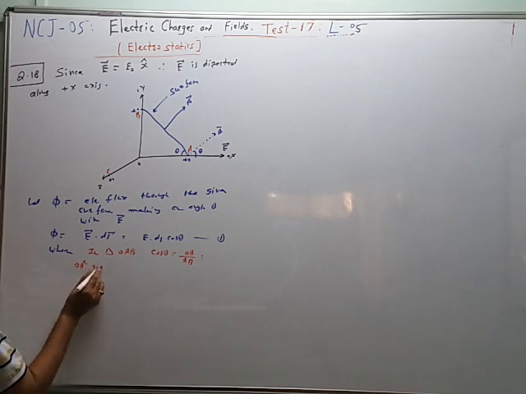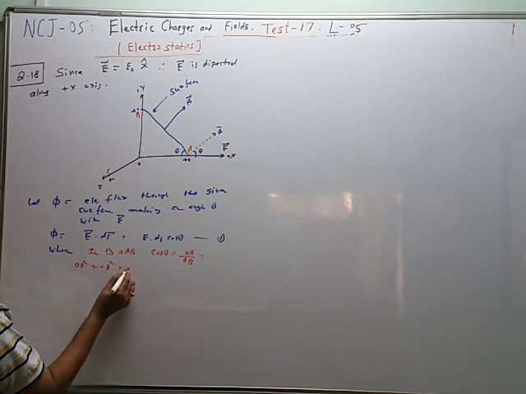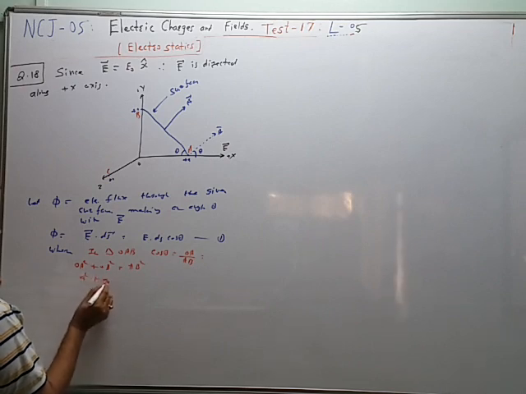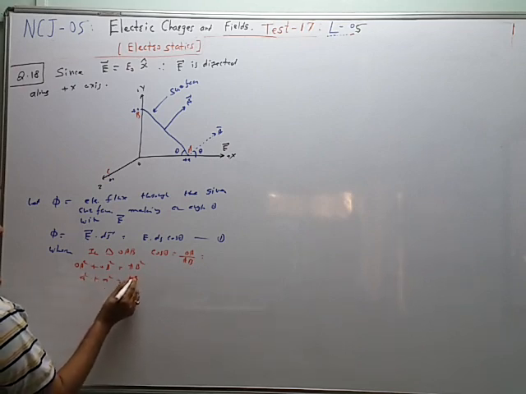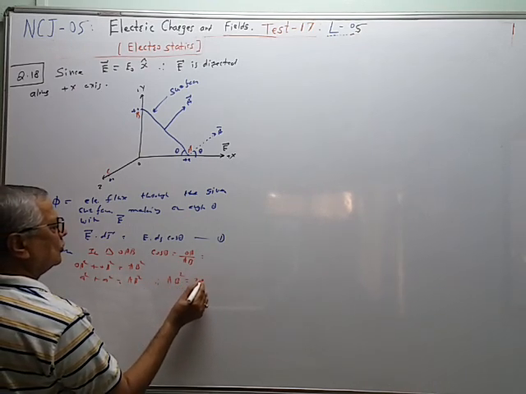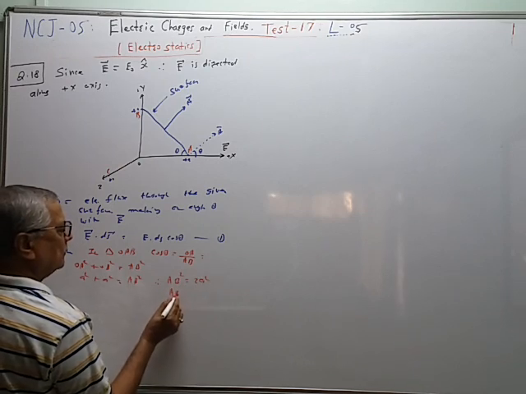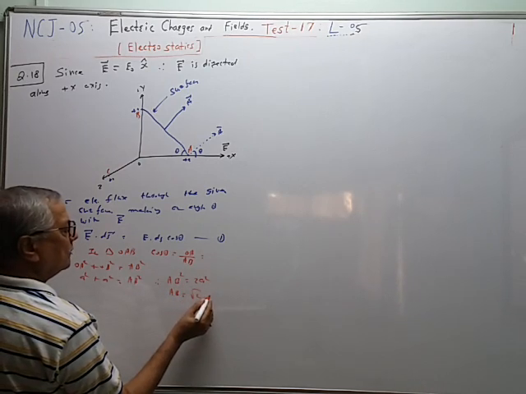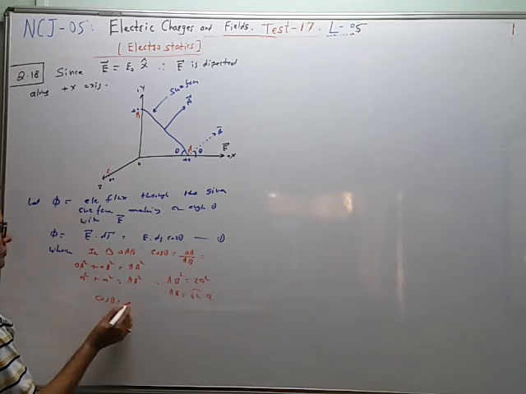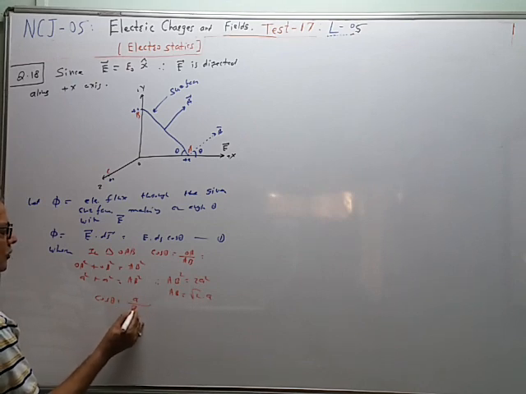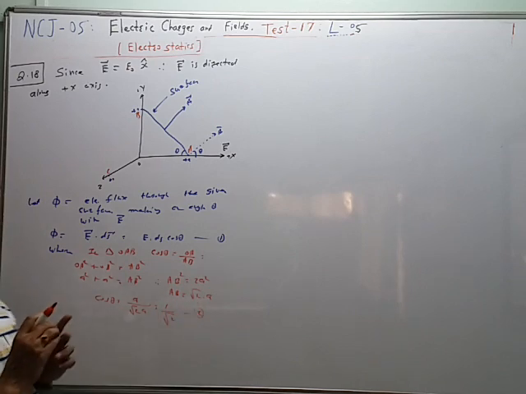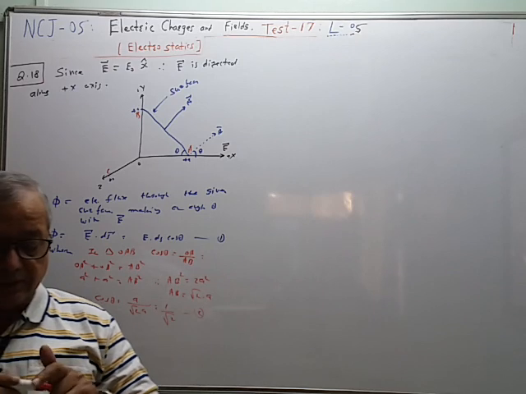OA square plus OB square is equal to AB square. So A square plus A square is equal to AB square. And therefore AB square is equal to 2 times A square, and therefore AB is equal to root 2 into A. So substitute here. So cos of theta is equal to OA, which is A, upon root 2 into A, so this is equal to 1 upon root 2. This is equation second.